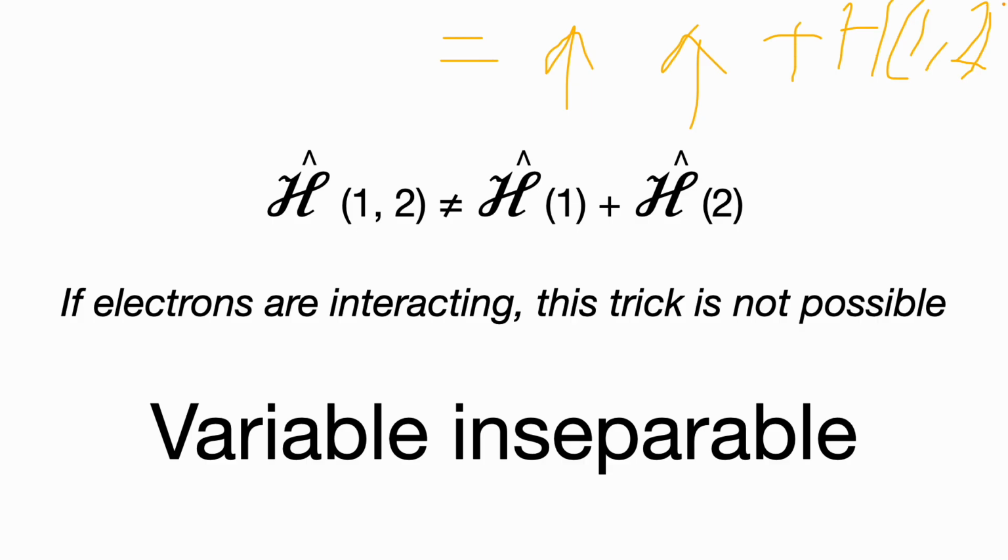Meaning that the third part of the Hamiltonian takes care of the interaction between the two electrons. Hence, it has variables from the first electron as well as the second electron. Which renders the Hamiltonian variable inseparable.